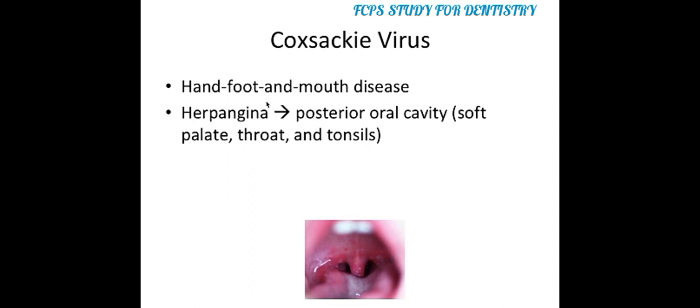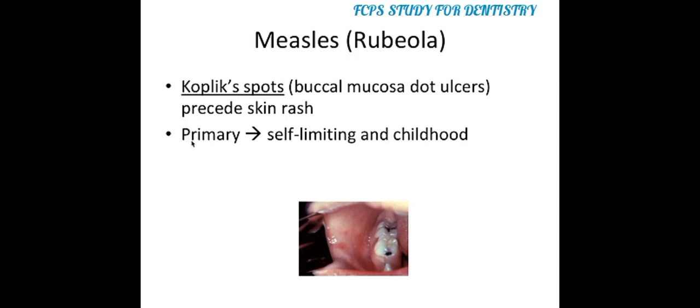And it could also be causing herpangina, which is affecting the posterior oral cavity, namely the soft palate, throat, and the tonsils, which are sort of part of Waldeyer's ring, if you recall this area in the back of the throat. That's where the herpangina disease would manifest, both of which are caused by Coxsackie.